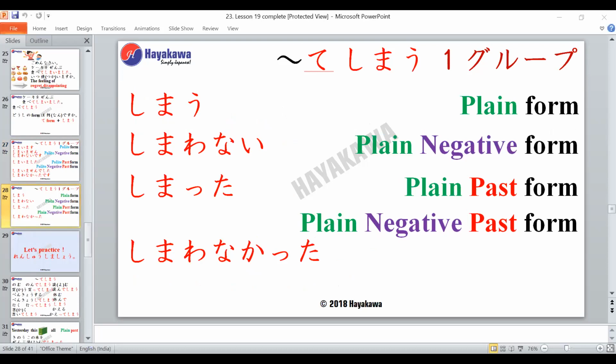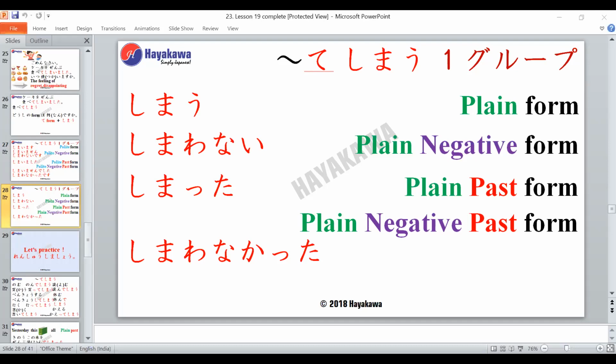So we have shimau in its plain form, right? The jisho form is shimau. The plain negative form will be shimawanai. Very good, Siddhartha. The plain past form will be shimatta.